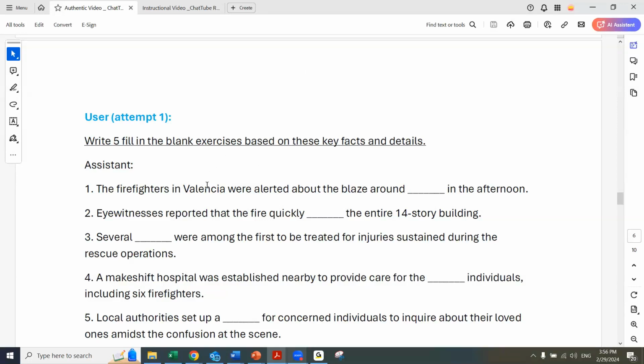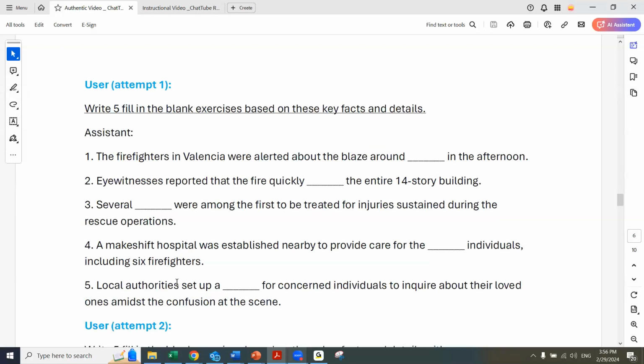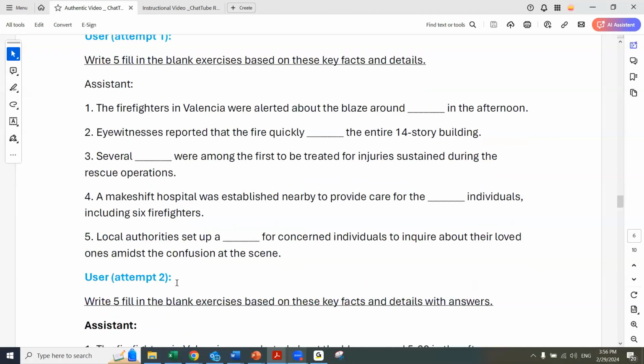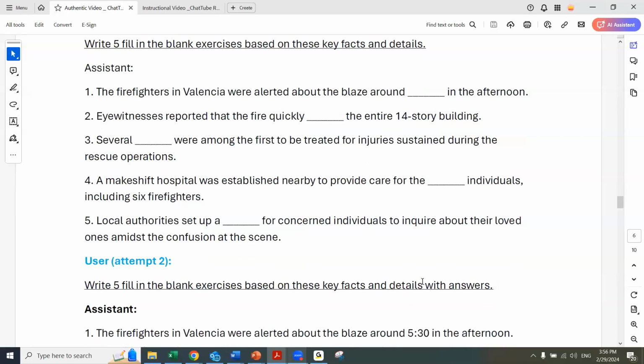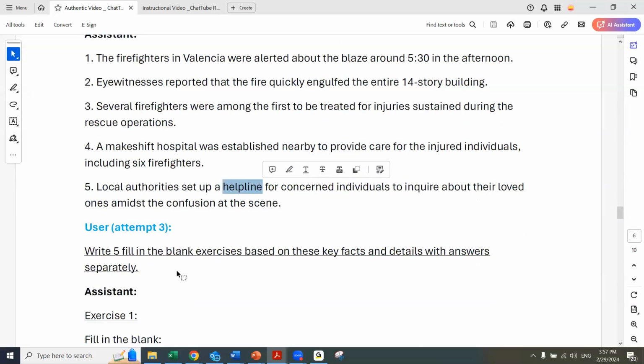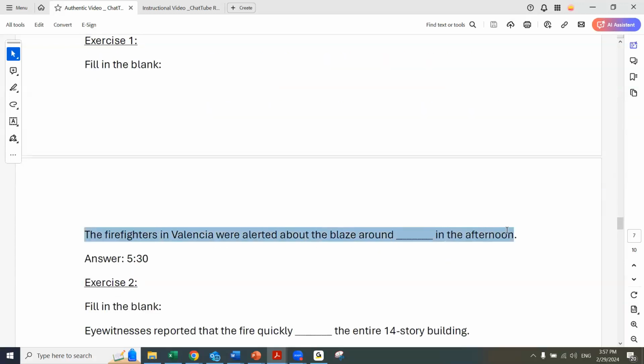So it gave me five of them. And then I thought, wait a minute, I want answers too. So I tried again: give me the fill in the blank questions with the answers separate, like under it. That's what I wanted. So it did the job. So that's good.